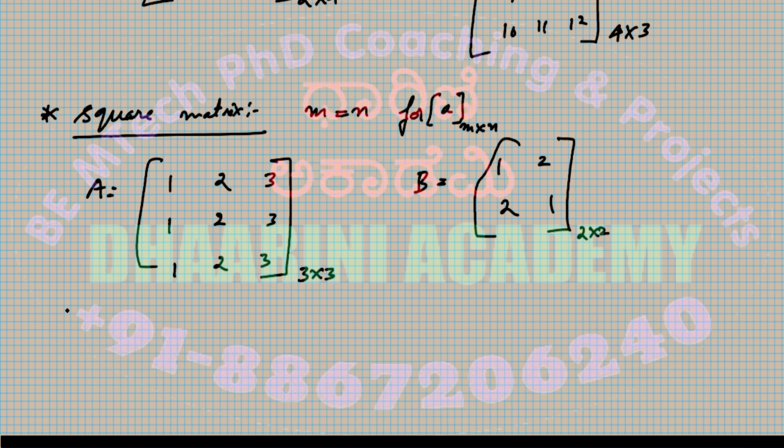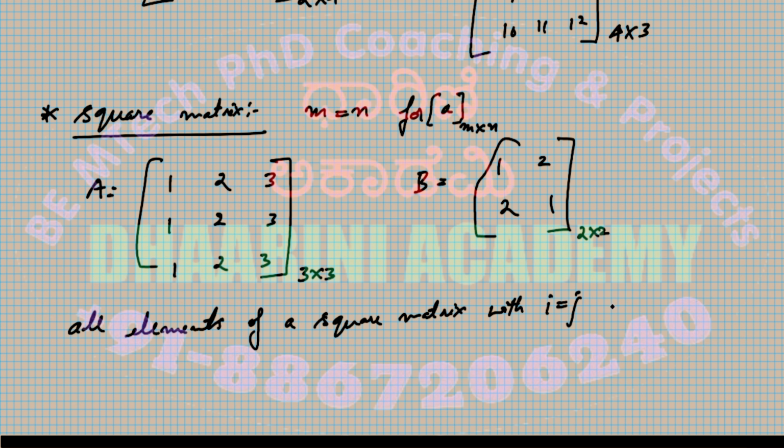Okay, so all elements of a square matrix with i is equal to j, right, are called as the principal diagonal elements.